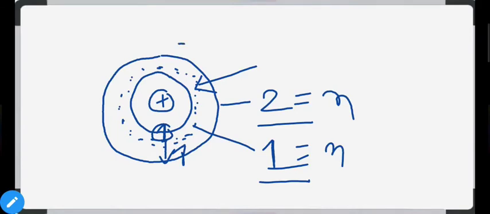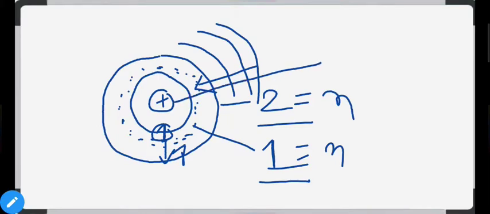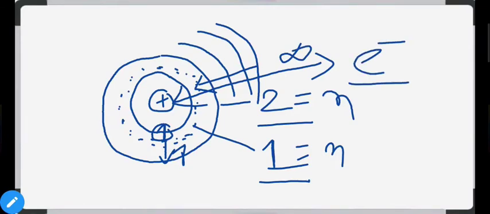We can put multiple orbits like this, and as the electron moves away from the nucleus, its energy will increase. Eventually, when the distance of the electron from the nucleus becomes infinite, or in other words when the electron is totally free from the attraction of the nucleus, the energy of the electron will be considered zero.